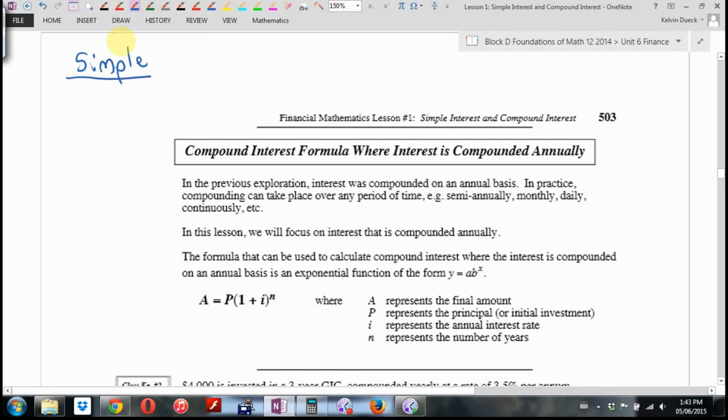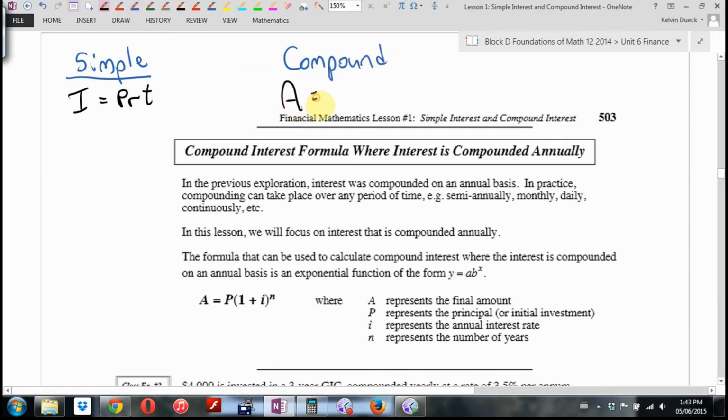For simple interest, the interest equals PRT. And Mackenzie, that will tell you the interest. If you want the total amount, you'll have to add the principal on. The compound interest formula gives you the total amount. The formula is as follows.